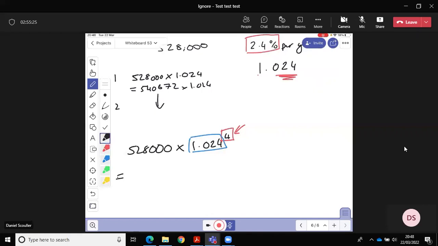If you put that in your calculator, you're getting 541,542 out.